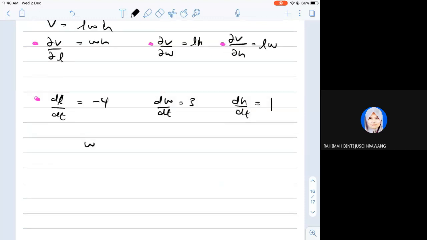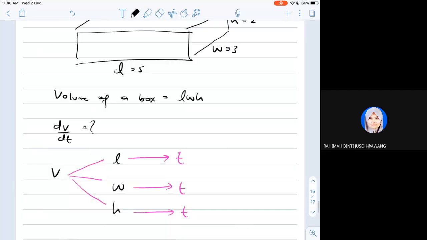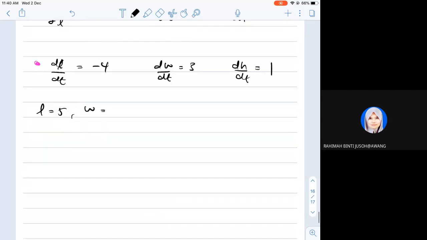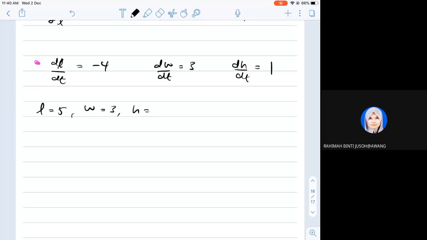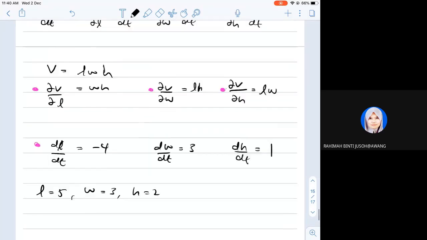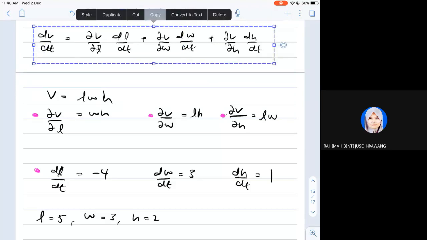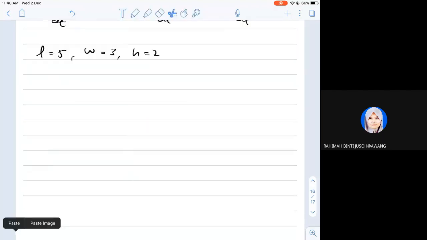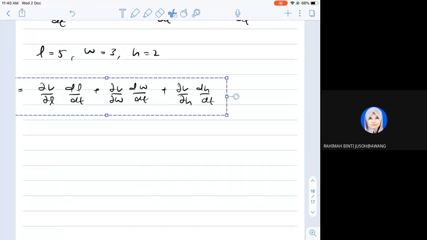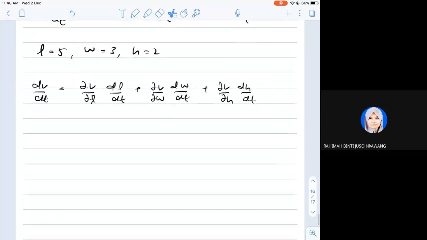Okay, tadi L equals to 5. W equals to berapa tadi? 3 and height equals to 2. So, jom kita substitute dalam ni. Like here. Copy. Paste. Okay.